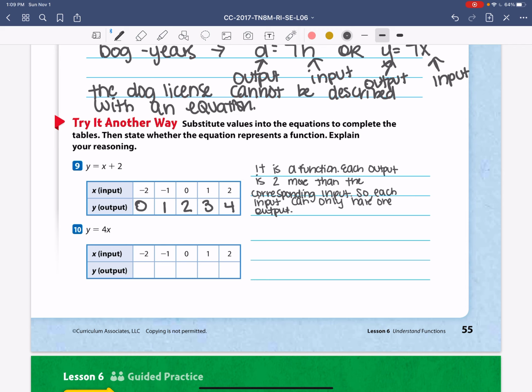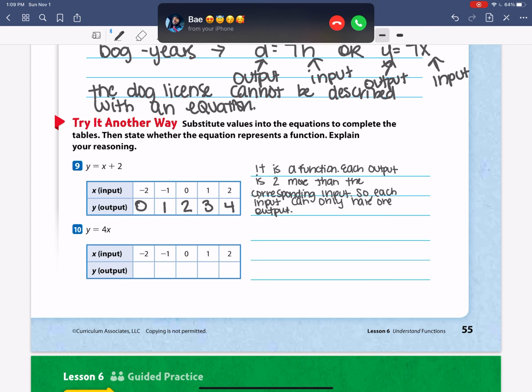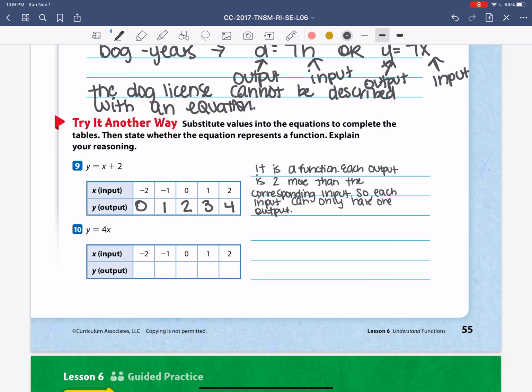y equals 4x. So 1 times 4 is 4, and 2 times 4 is 8. Is this a function?